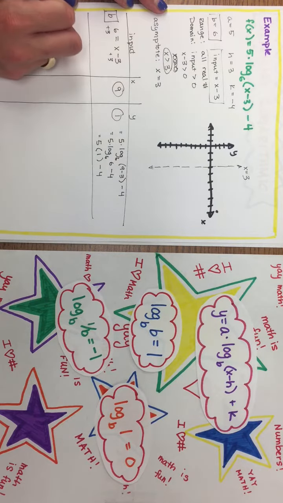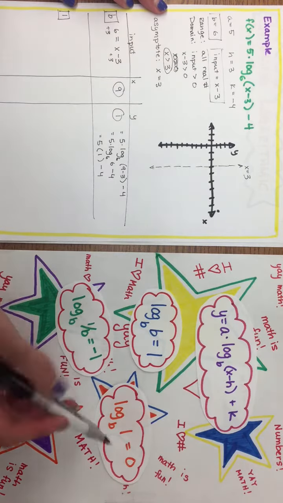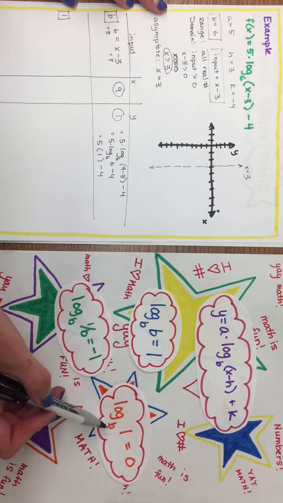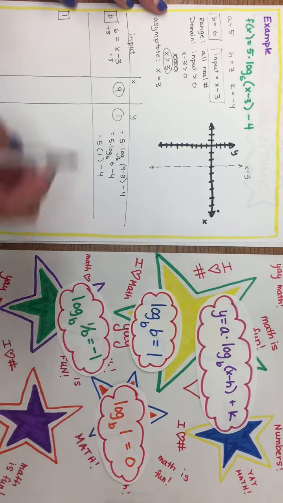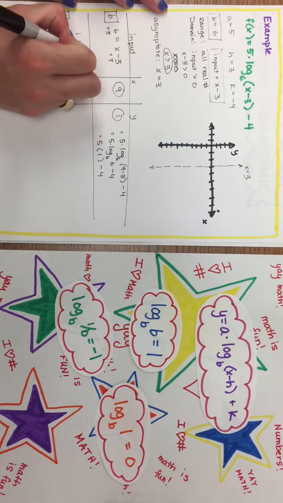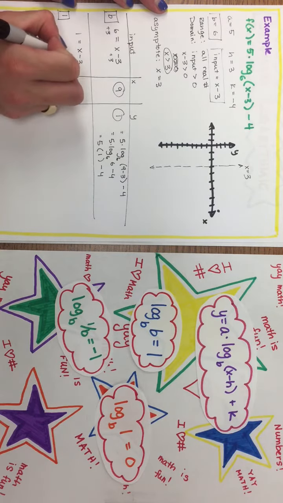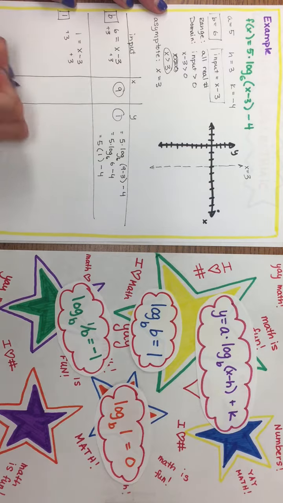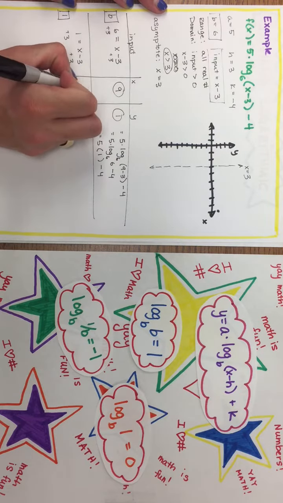My next input is that I want the input to my log to be 1 because I know log base anything of 1 is equal to 0. So if I want my input to be 1, that's going to be x minus 3. Add 3 to each side. My input there, x should be equal to 4.